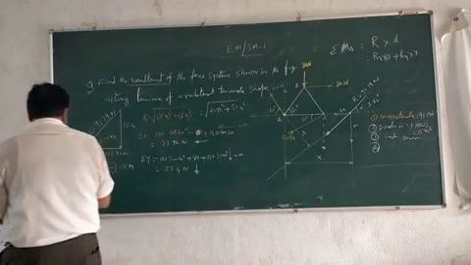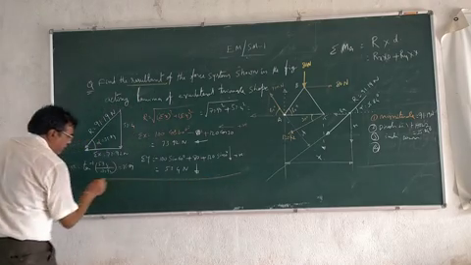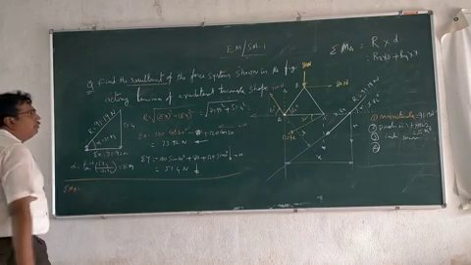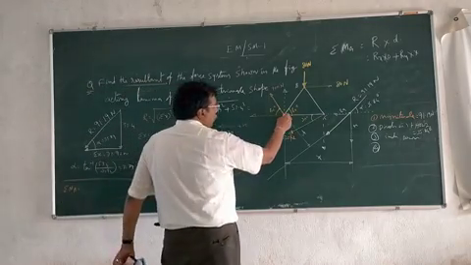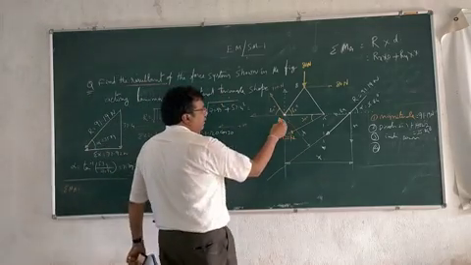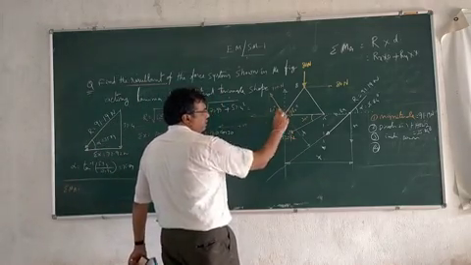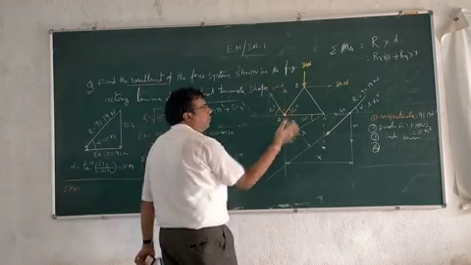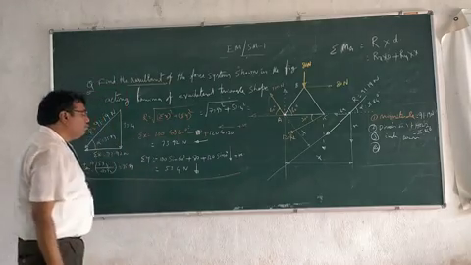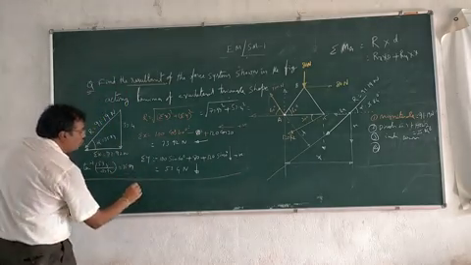All of you, please understand. Try to understand. Sigma MA is equal to, this force, no effect. Why? Because x-axis no distance, Y component no distance. I am considering here clockwise as positive.